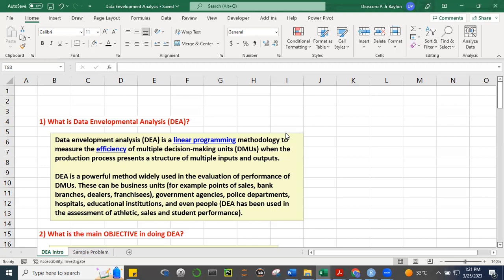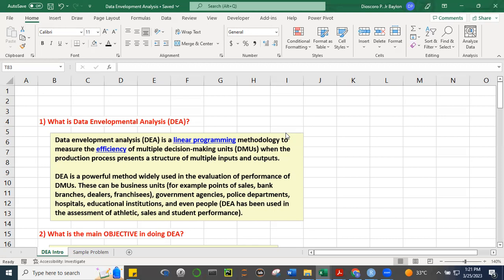For example, if you're a manufacturing firm, the inputs can be your raw materials and labor, and the outputs can be sales or finished goods. Those are examples of outputs and inputs.